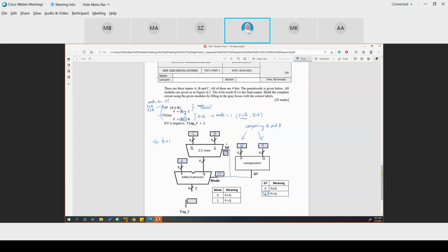Because this is not a mux, this is added. So what's coming here is not a selector, it is C0.